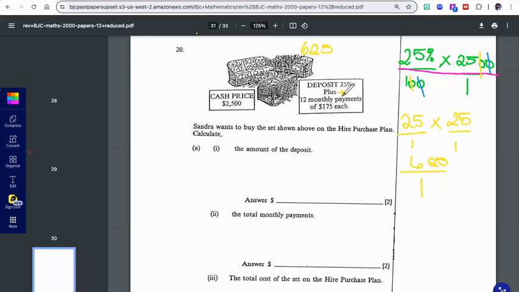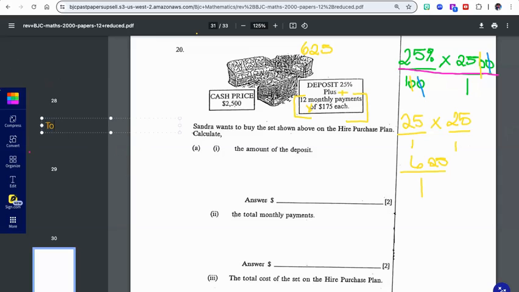So if I want to find now the total monthly payments, this bottom is telling me what to do. It says 12 monthly payments of means to multiply, right? So it's telling you 12 monthly payments multiplied by 175. So take this down as another formula for me.